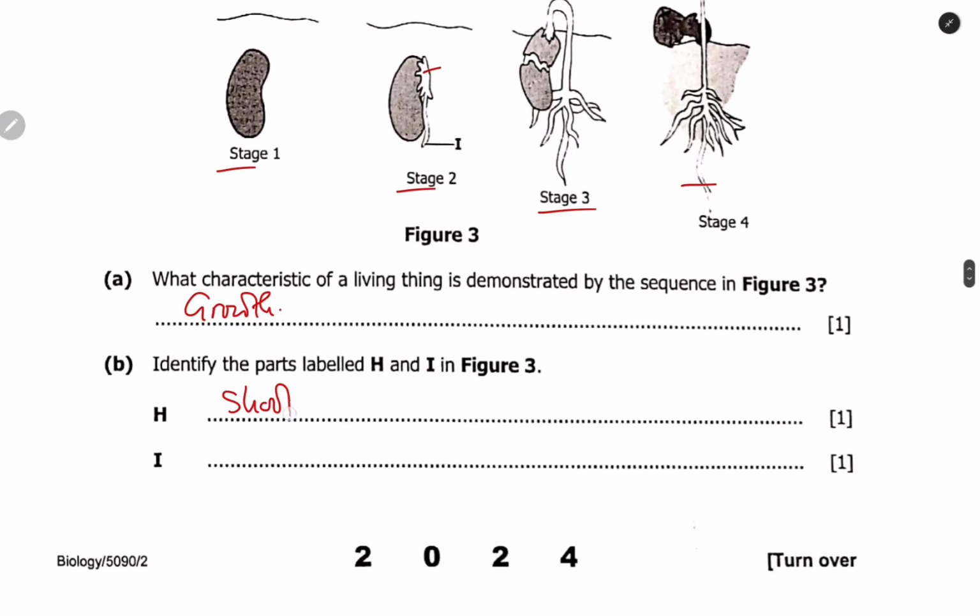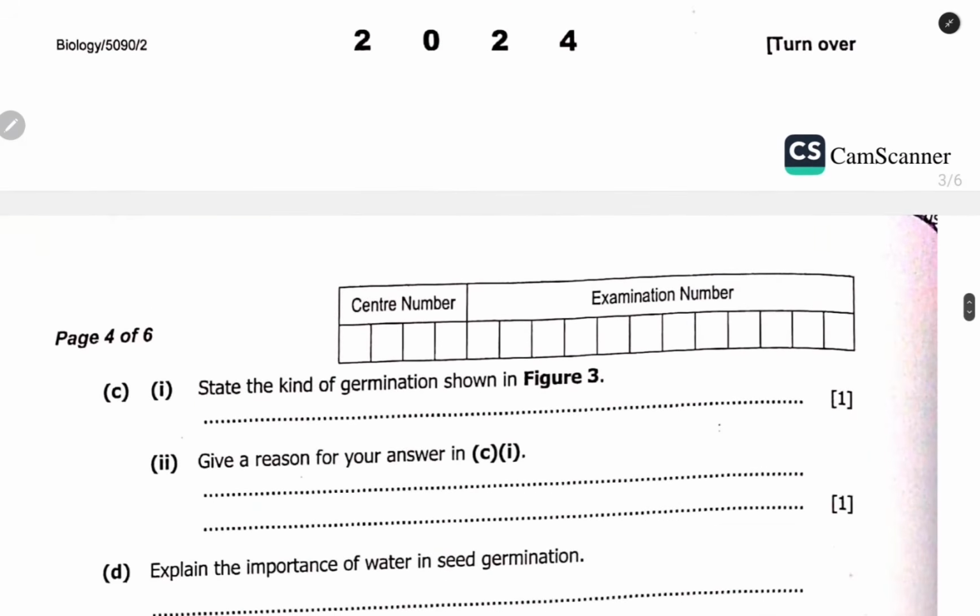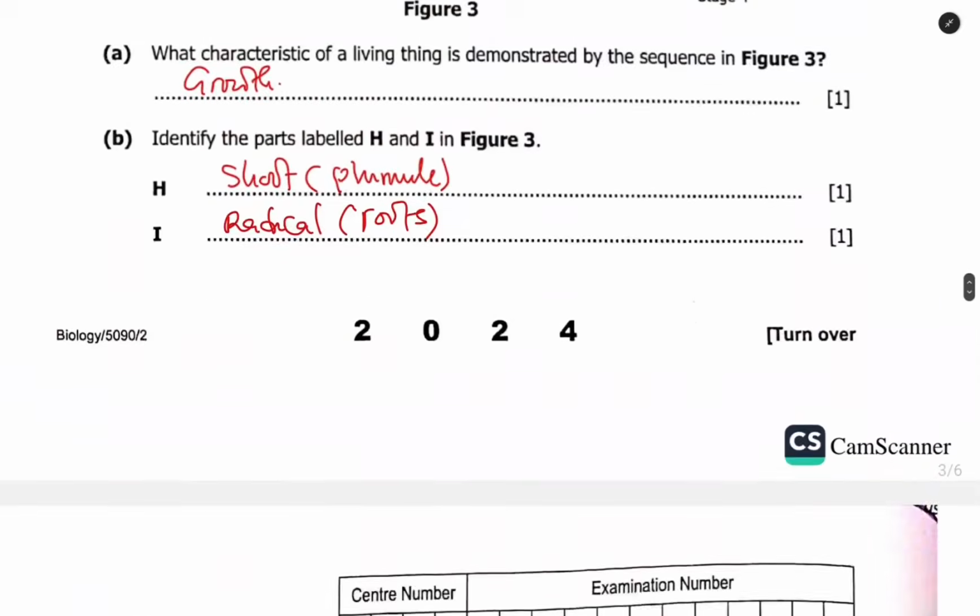So H is the shoot, the plumule. Then I is the radicle. The radicle is the one that develops into roots.